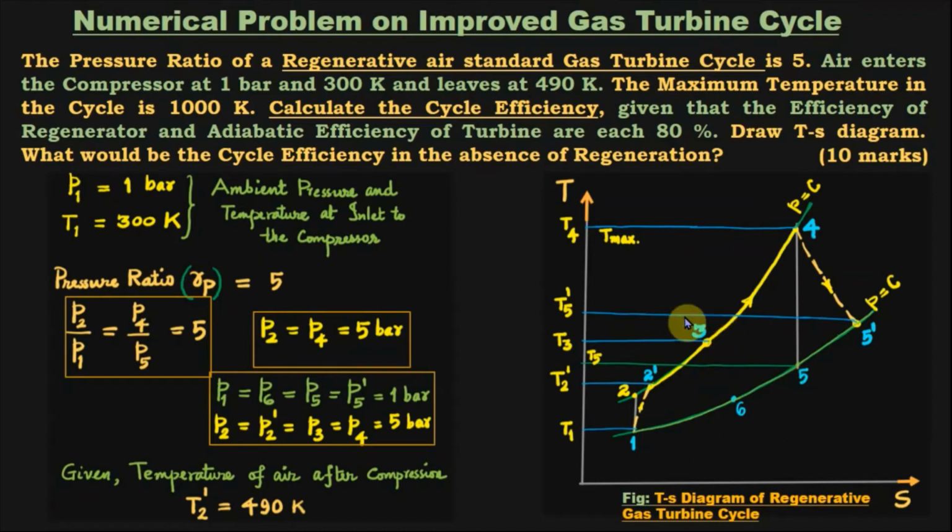This is the TS diagram of the regenerative gas turbine cycle. The processes: 1 to 2 dash is actual compression, 2 dash to 3 is heating in the regenerator, 3 to 4 is the constant pressure heat addition in the combustion chamber, 4 to 5 dash is the actual expansion in the turbine.